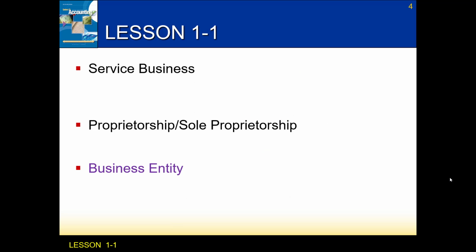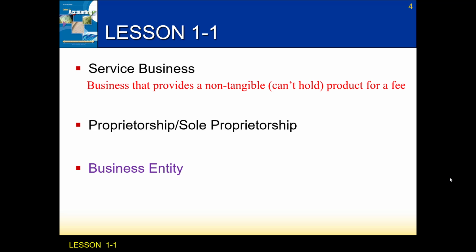Throughout this course, we are going to practice the whole accounting system and create those accounting records and those financial statements under the guise of the fact that we own a service business. So when we say service business, that's a business that provides a non-tangible product for a fee. Now, non-tangible product is something you can't hold.